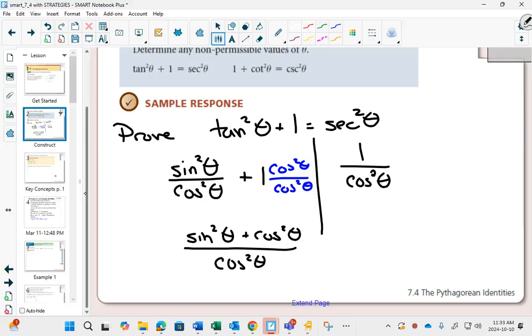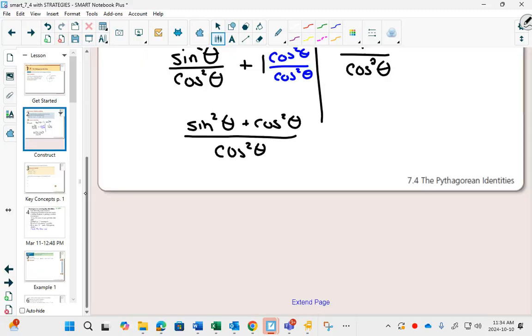Can you see that if you use the big idea that sine squared theta plus cos squared theta is equal to 1, then I can change the left side now. I'm allowed to do that because it's on my formula sheet and it's our big idea. Then I get 1 over cos squared theta. And the left side's equal to the right side. And I prove.